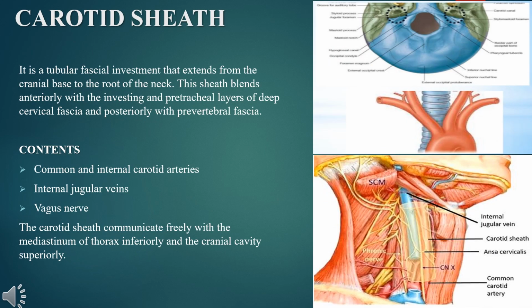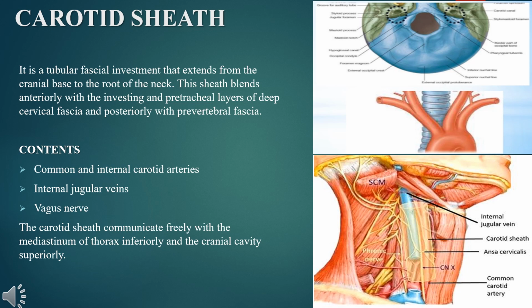Carotid sheath is a tubular fascial condensation that extends from the cranial base to the root of the neck. This sheath blends anteriorly with the investing and pre-tracheal layers of deep cervical fascia and posteriorly with the pre-vertebral fascia.